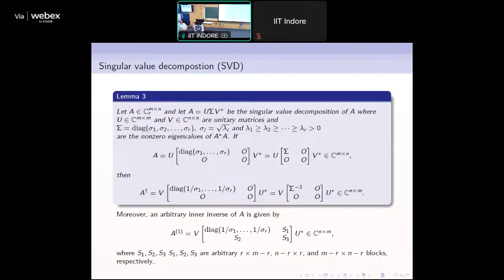You will obtain an approximation of the Moore-Penrose inverse, but it is better to obtain an approximation than nothing. Important to mention is that if we have the singular value decomposition and the Moore-Penrose inverse, we can generate the complete class of inner inverses. It is enough to replace the 3 zero blocks by arbitrary matrices S1, S2, and S3 of appropriate dimensions.